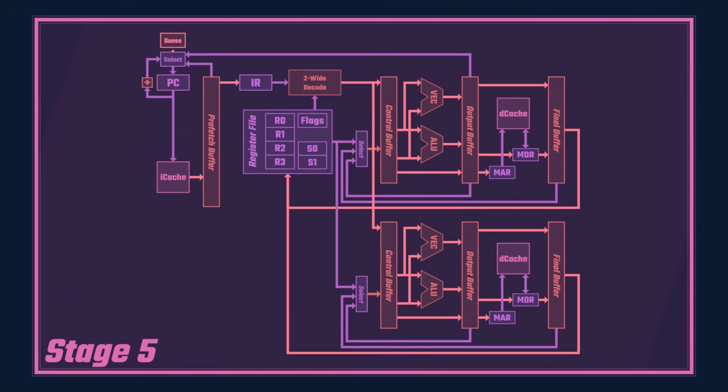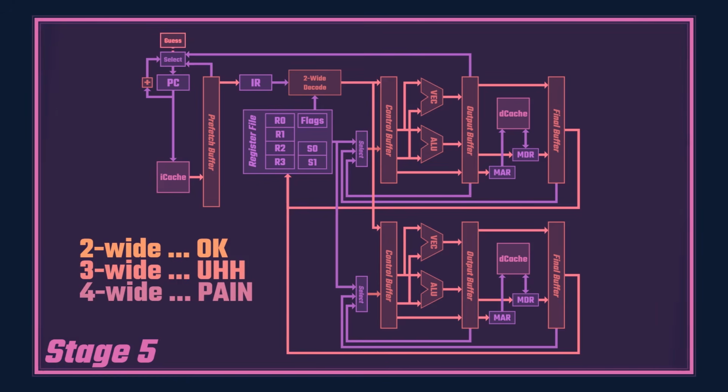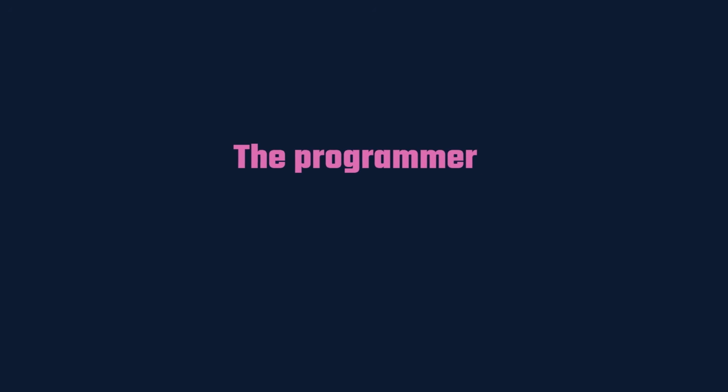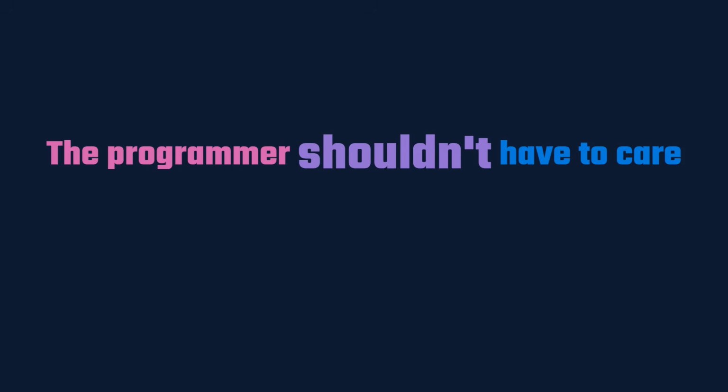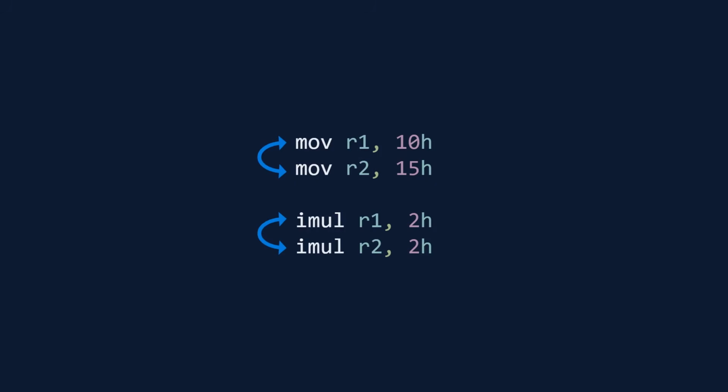With this system, going wider with more than two instructions means you need to duplicate a lot of logic that is hidden in this diagram. It gets unfeasible pretty fast. And the more important point is that we don't want the programmer to worry about the details. With the way we are doing it right now, executing two instructions only works if the programmer writes two independent instructions one after another.